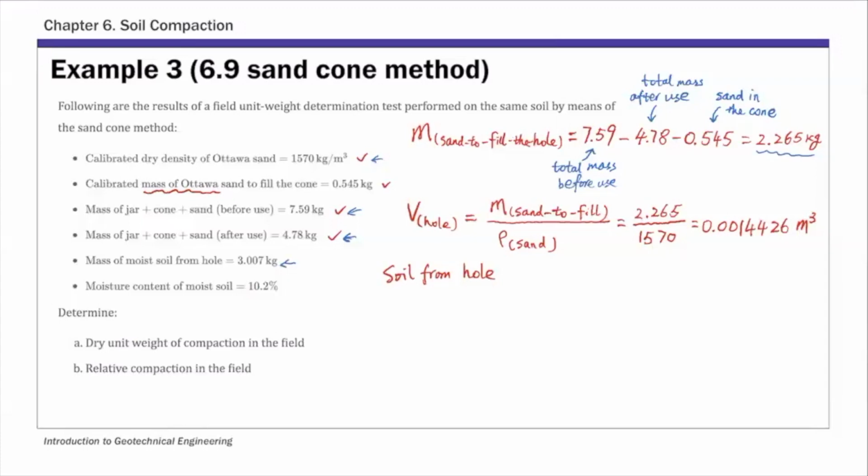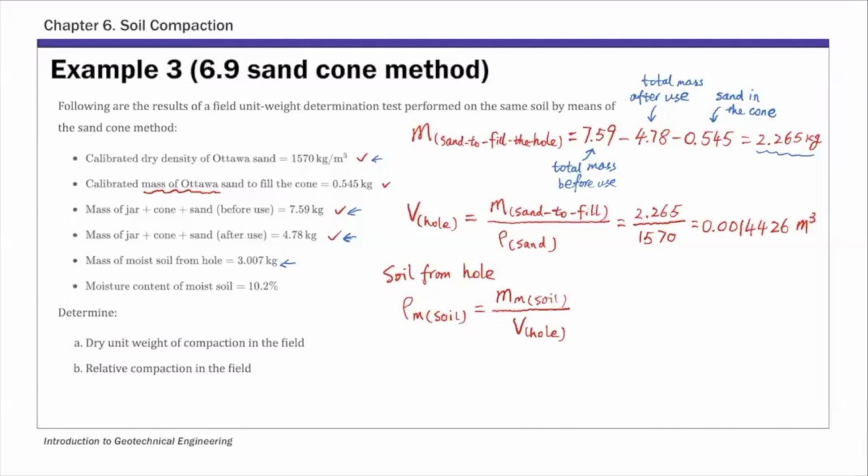So we can calculate the moist density. Okay. So this is basically the mass of the moist soil over the volume of the soil, which is basically the volume of the hole. So again, you get the volume from the sand cone method.